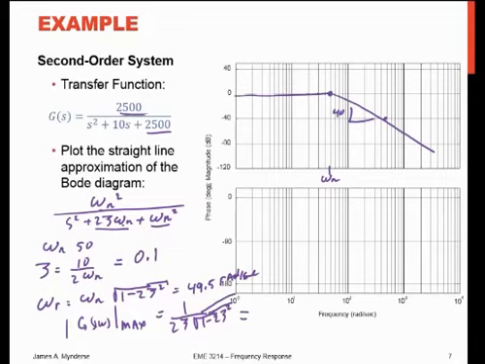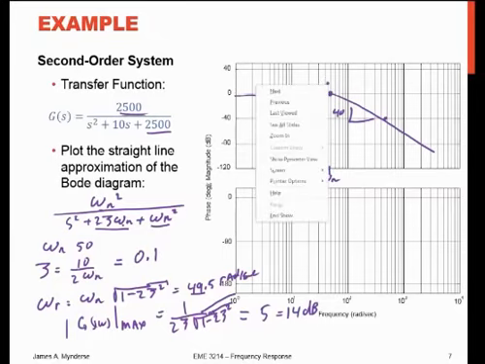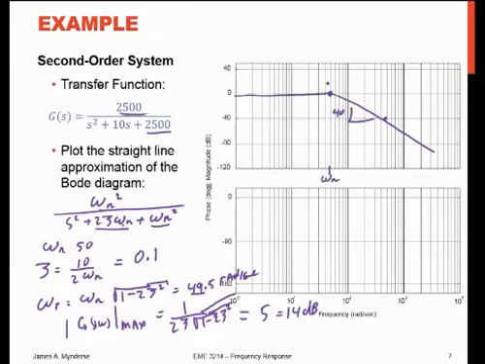And that comes out to approximately 5, which is basically 14 decibels. So I'm going to have a peak at 49.5 radians per second, just to the left of that. It's going to be 14 dB, so it's somewhere in there. I'll just draw in my peak like that. So that's my straight line approximation for the magnitude.